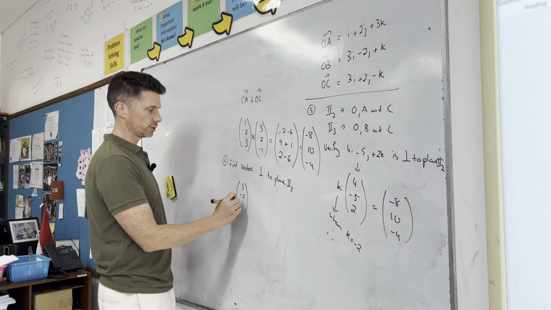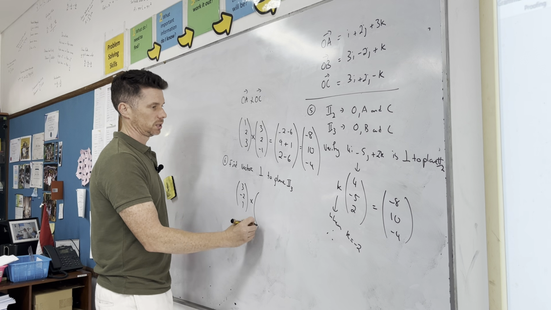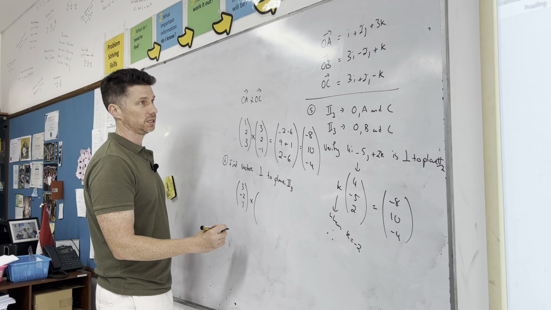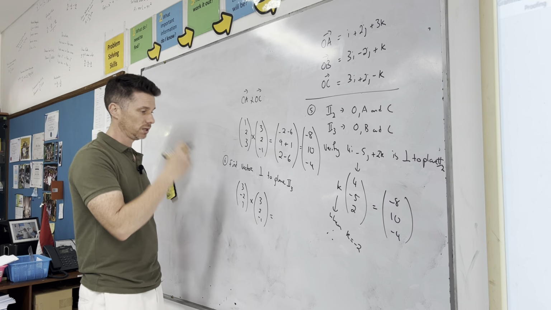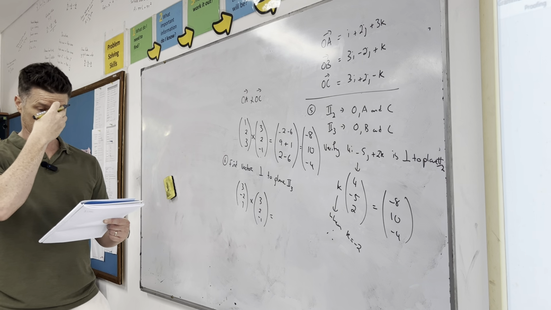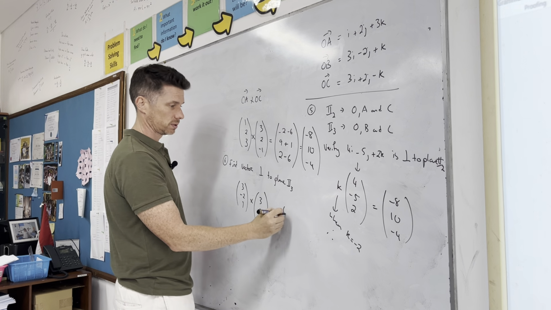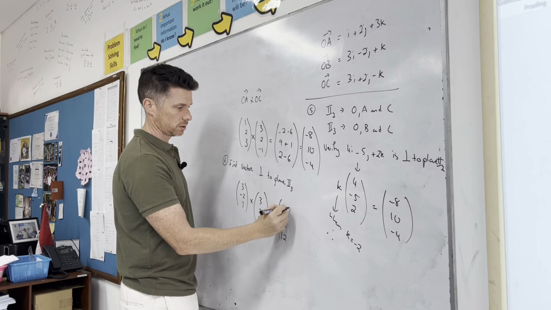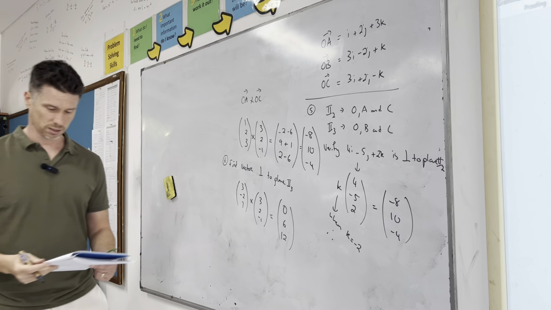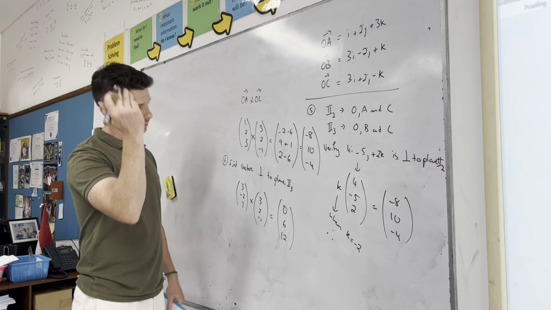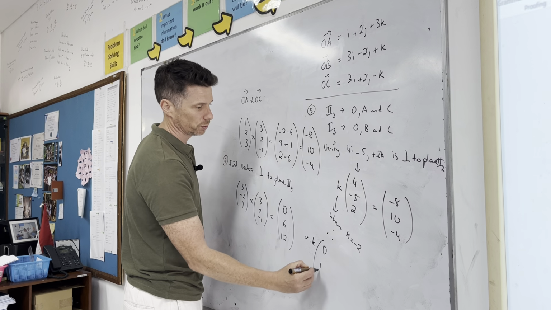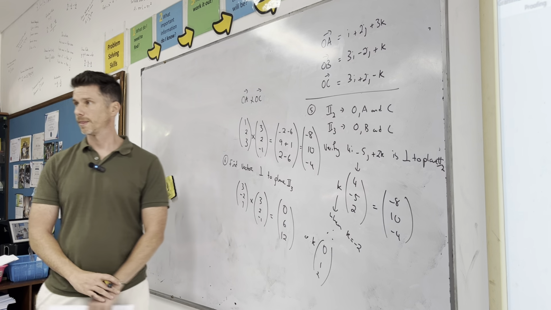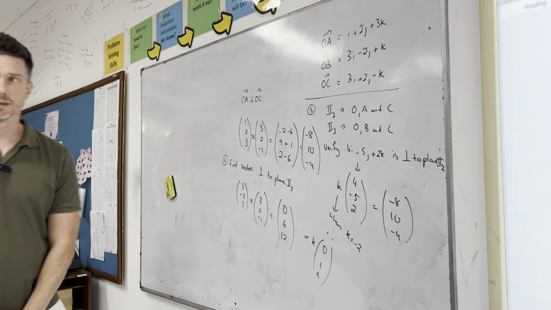We must use it in the next part, do we? Yes. B is 3, 2, minus 1. So we do that same cross product thing. I'll just give you the answer. Okay. 0, 6, 12, which is some k multiple of 0, 1, 2. That will be it.